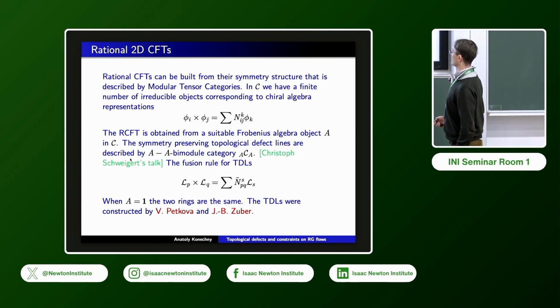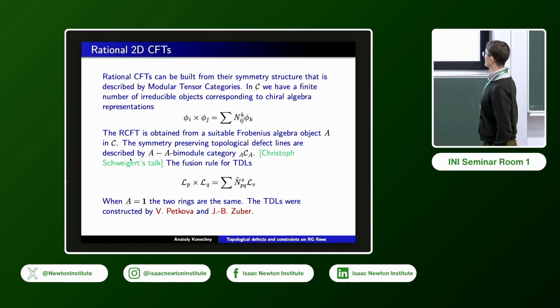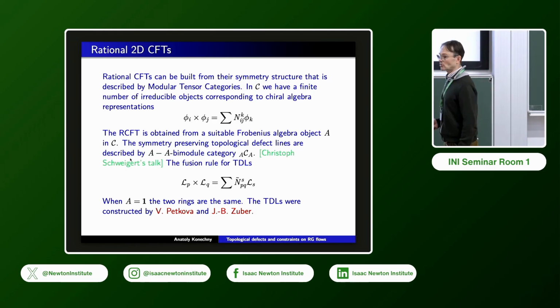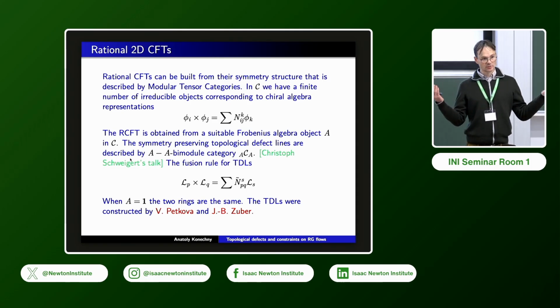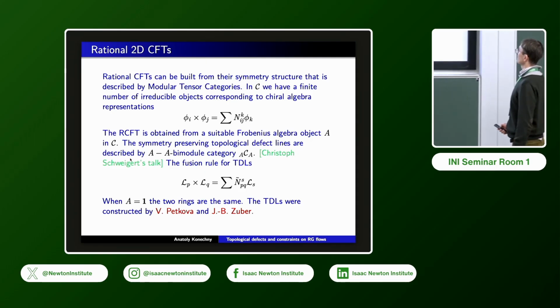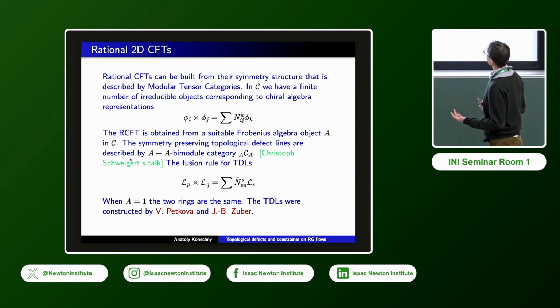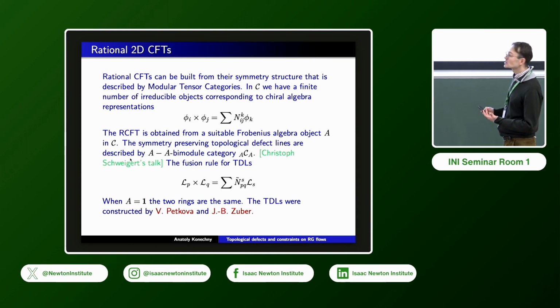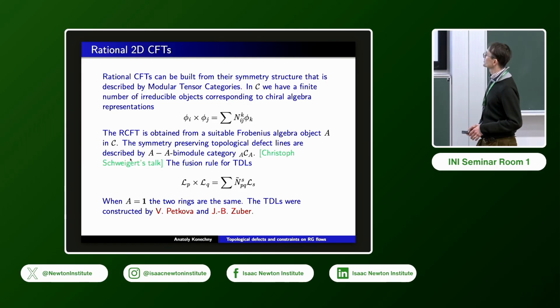Things simplify if you take the trivial Frobenius algebra object, which corresponds to just the charge conjugation modular invariant, when you glue left and right movers in the simplest possible way. Then the two rings are the same. Moreover, the fusing matrices for both C and for this bimodule category are also the same.